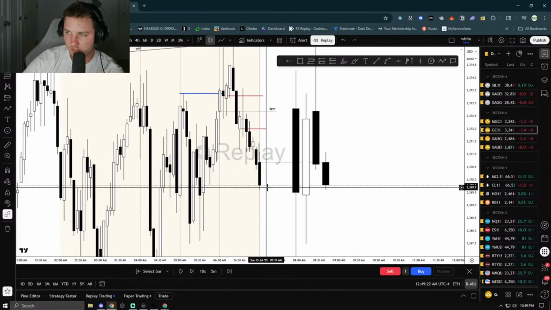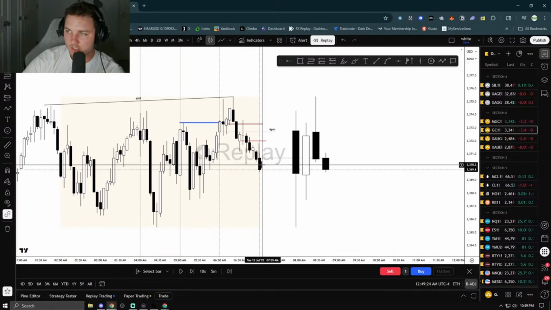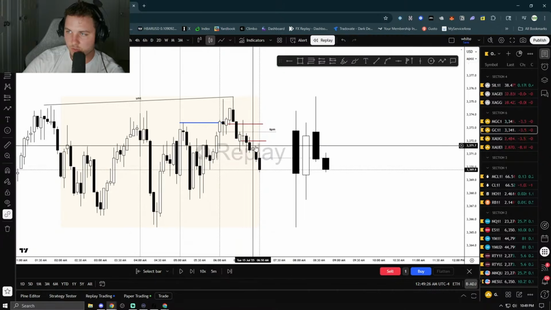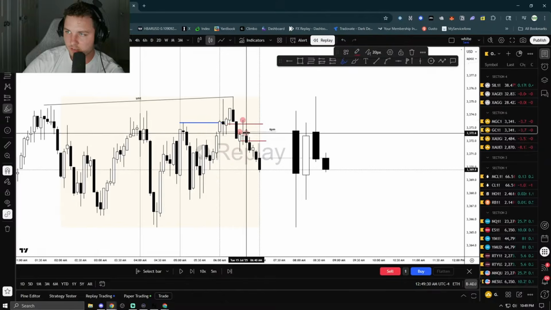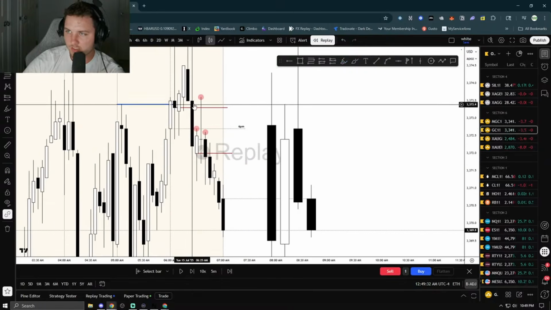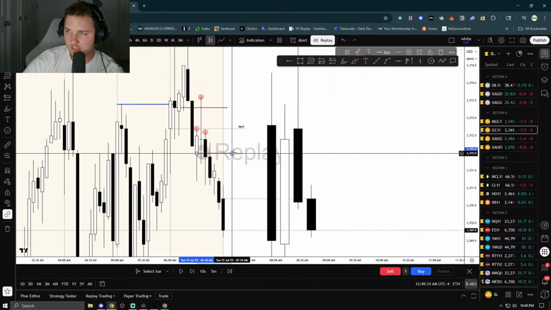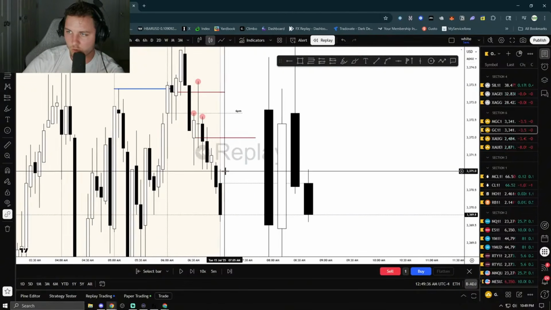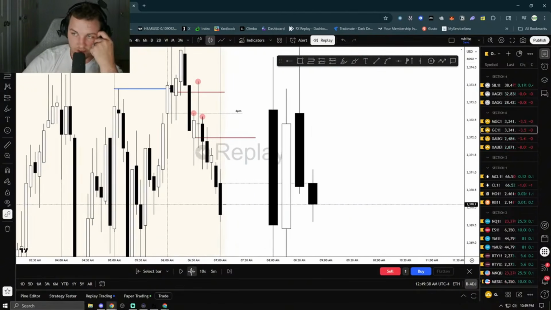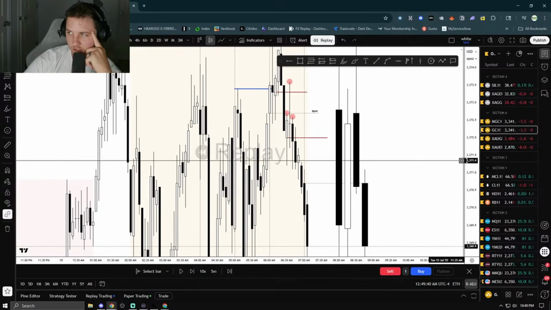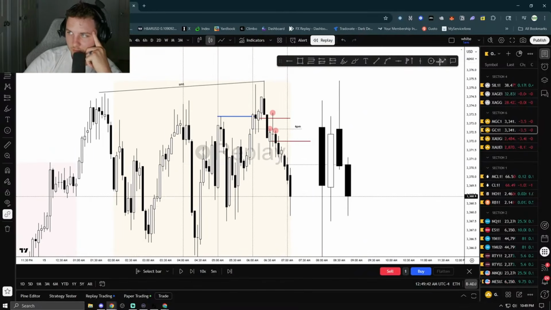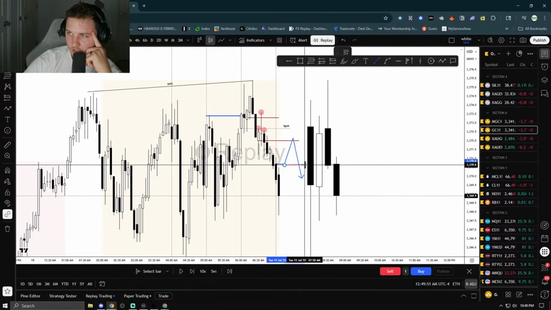Okay, here's 7. So we know 7 has to reverse somewhere here. This is a protected swing point. So I would want this to open into this. Now, if it displaces away, that sucks. Yeah, it's going to. But ideally, get your CISD, right?